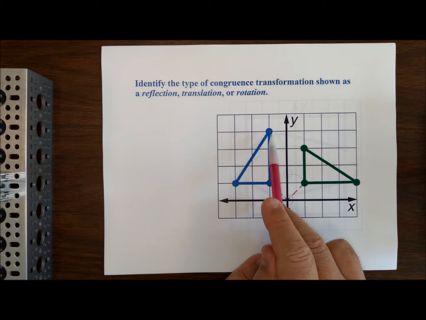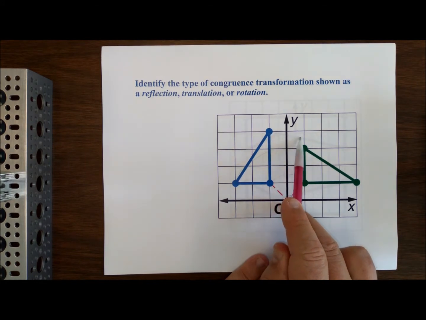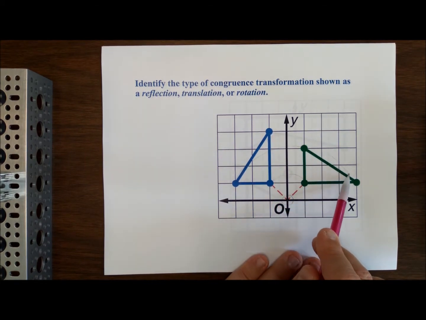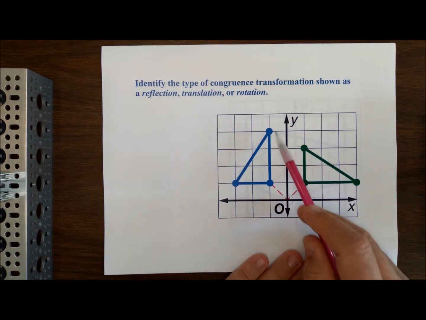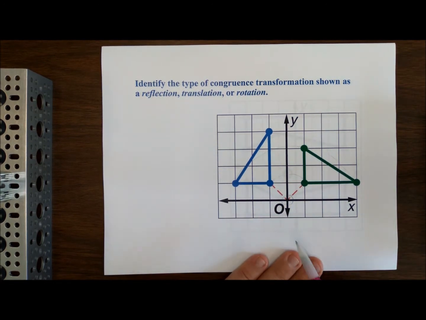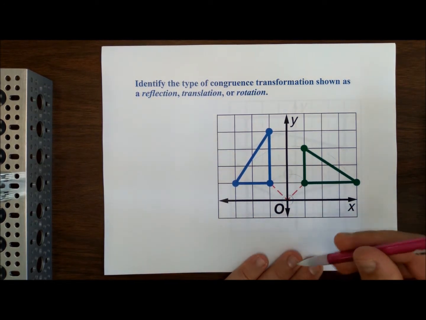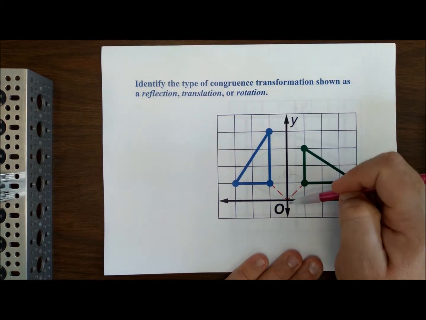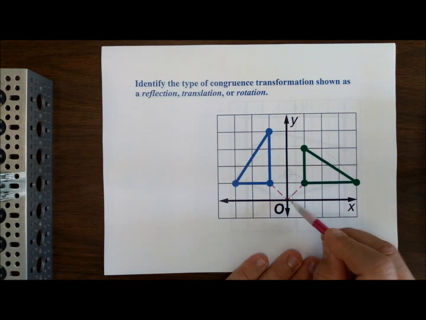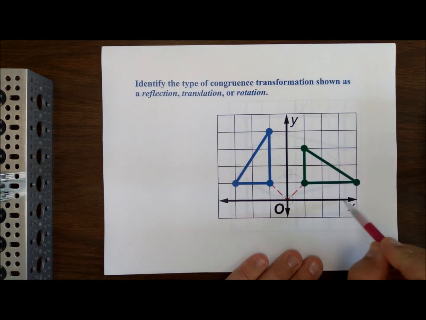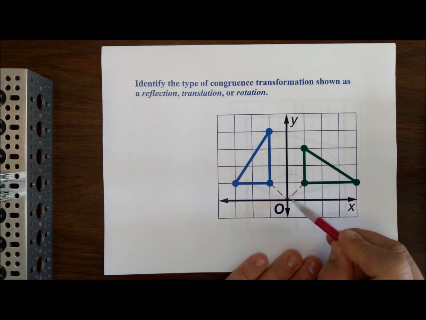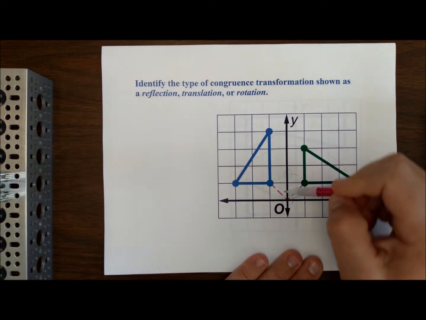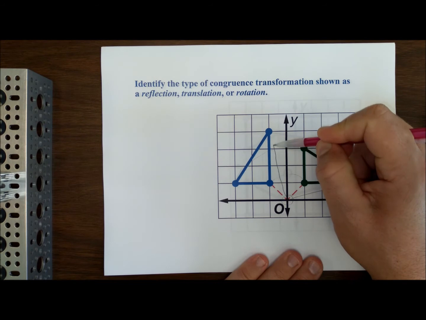And likewise, this point here swings over to here and stays the same distance from the center of rotation. And you can check that. Remember, your distance formula tells you that the distance from here to here is a delta x of 1 and a delta y of 4. And to get from here to here, I've got a delta x of 4 and a delta y of 1. So I know this distance will be the same as that distance.